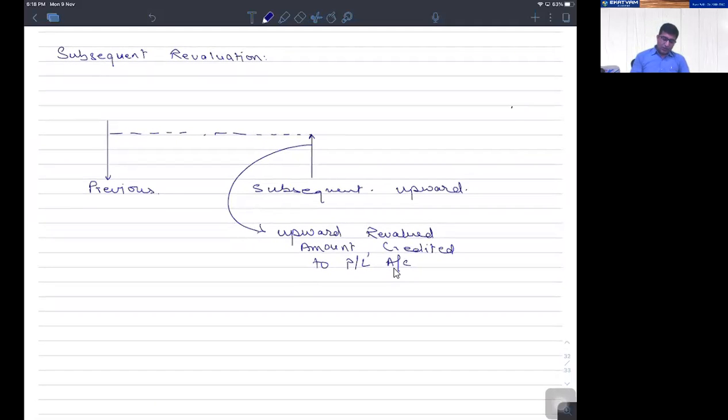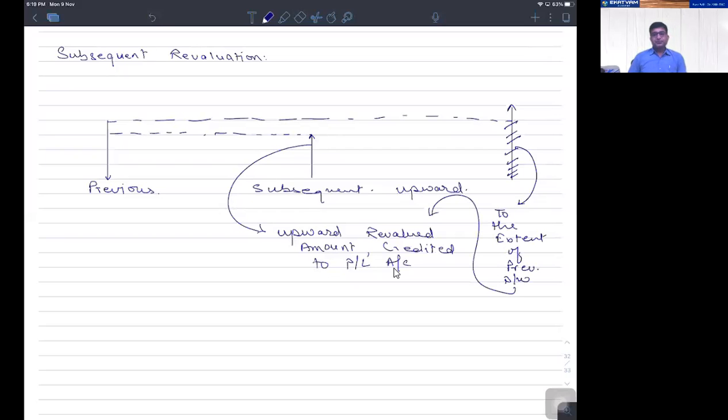But if your subsequent upward revaluation is more than the previous downward revaluation, then to the extent of the previous downward revaluation, the amount of upward revaluation will be credited to the P&L account, and the further value will be credited to the revaluation reserve account. Both are credits, but the further value will be credited to what?